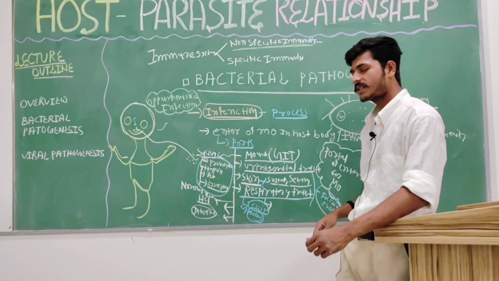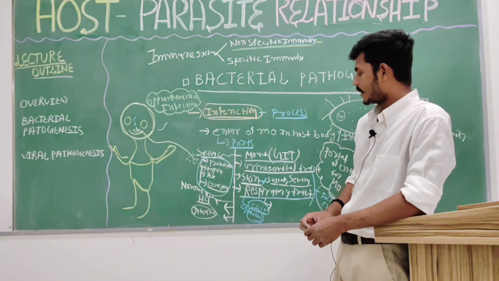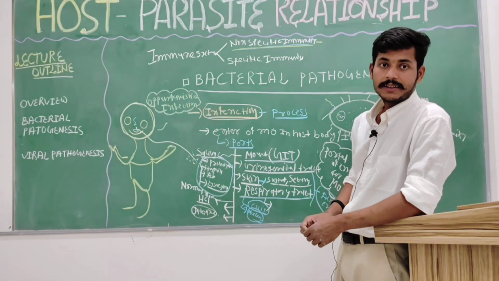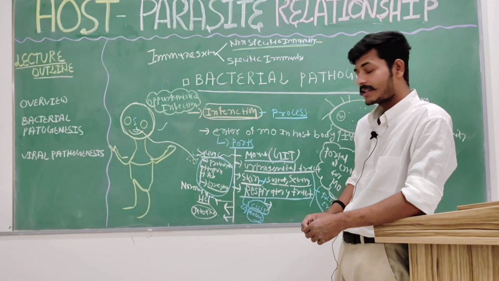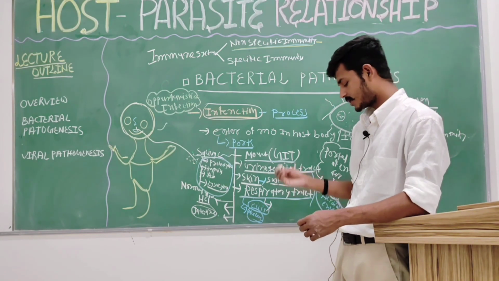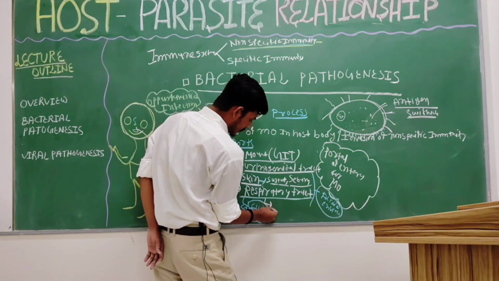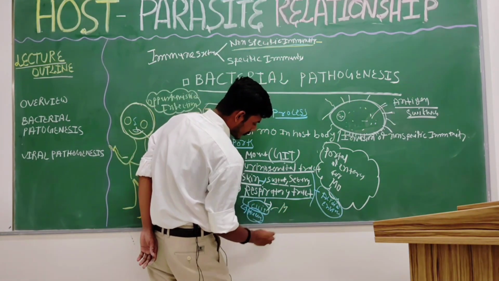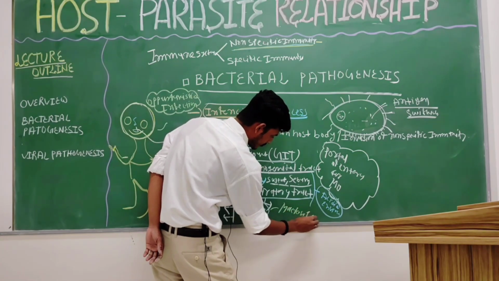Then we saw the respiratory tract. In the respiratory tract, there is a presence of cilia and mucus. Apart from it, there are certain cellular barriers. We already discussed these things in immunology, but I'm just revising. There is the presence of macrophages, phagocytic cells.